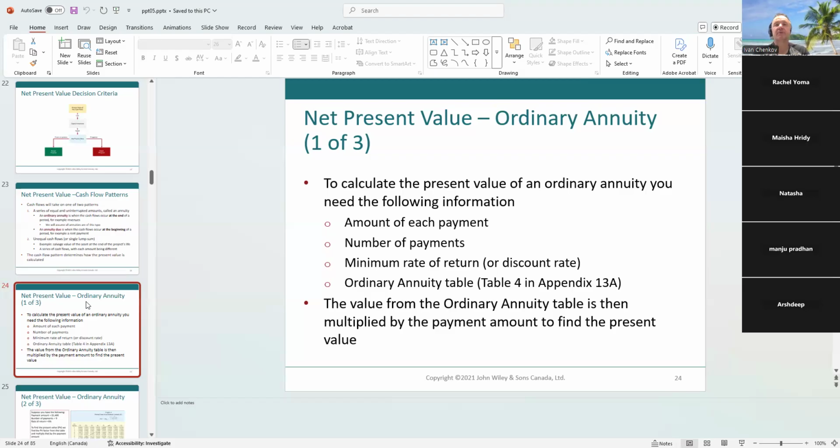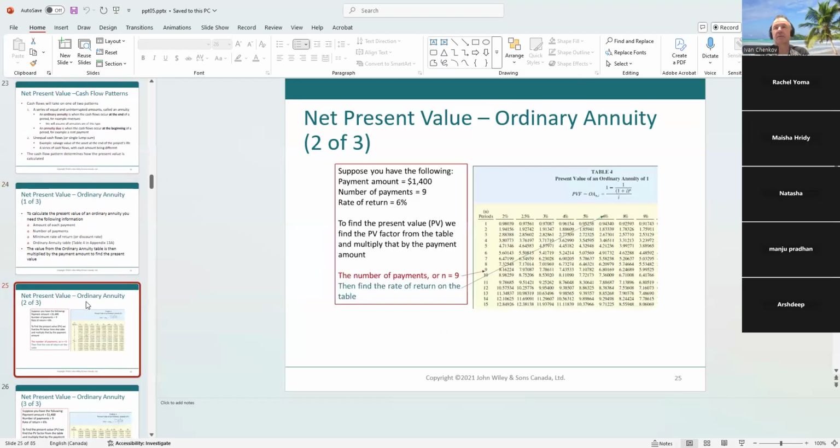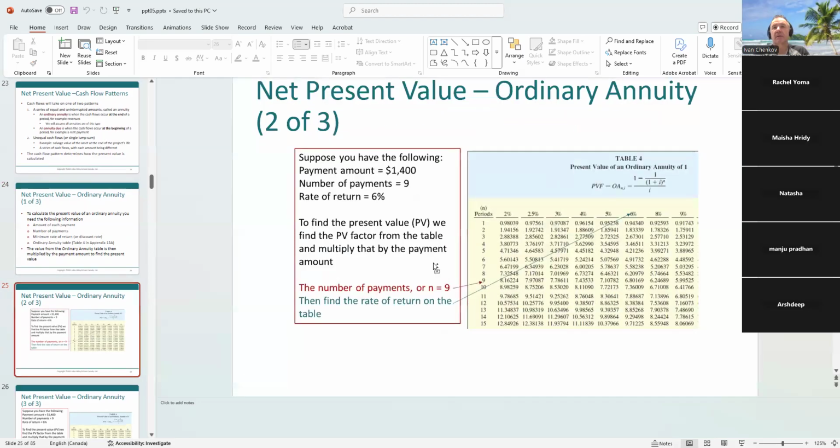We're not going to be using the table, but I'm going to show you how that works on the table. Anyway, what we need, again, is the amount of each payment. So in this case, each payment is $1,400. How many payments are we going to get? 9 times. What's the minimum rate of return or discount rate that we're going to use? Well, 6%. So if you use the table, you're getting the 6%, and you're scrolling down until you reach 9 periods.